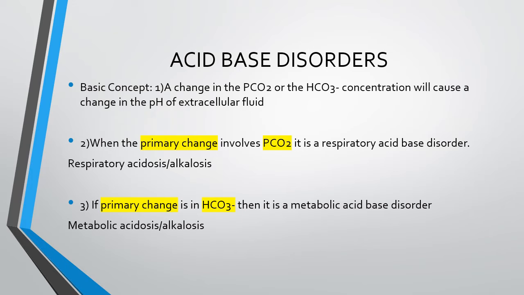If the primary change involves the PCO2, it is known as a respiratory acid-base disorder, and if the primary change occurs in the bicarbonate, it is known as a metabolic acid-base disorder. Simple thing. There's one more entity known as mixed acid-base disorders. In these disorders, two different acid-base disorders coexist at the same time. This is a little more complicated and we'll be covering this a little later.